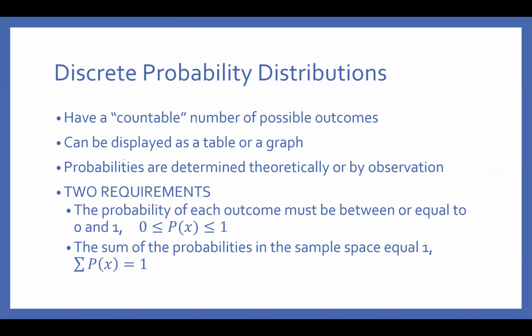Now we're going to utilize these 2 requirements. If those are the 2 requirements to have a discrete probability distribution, then my first decision is going to have to be, do I have a probability distribution? Are all of my probabilities between 0 and 1, and do all of the probabilities add to a total of 1? Okay, so we're going to use that in just a minute.